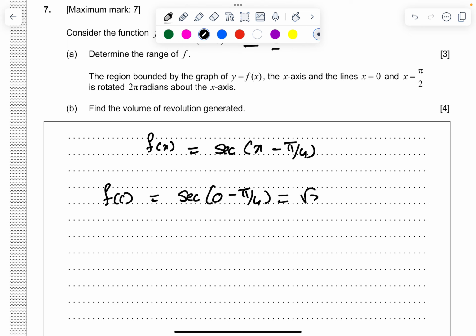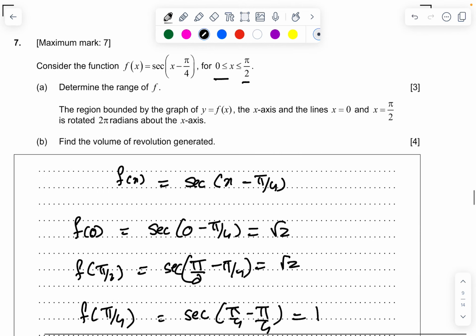Then I will try f of pi by 4 in between. So it will become secant of pi by 4 minus pi by 4, which becomes secant 0, which is going to be 1. So it always lies between 1 and root 2. So that is going to be the range.